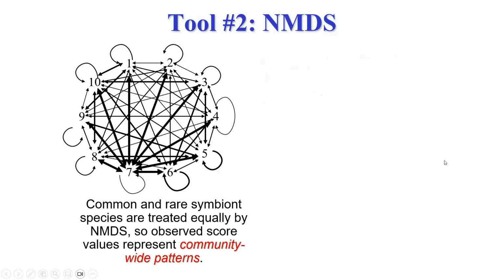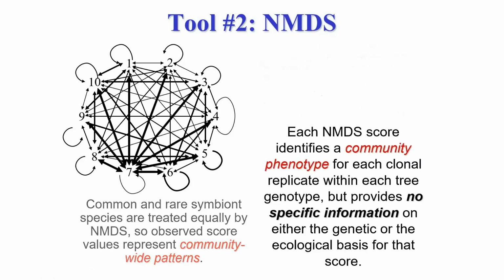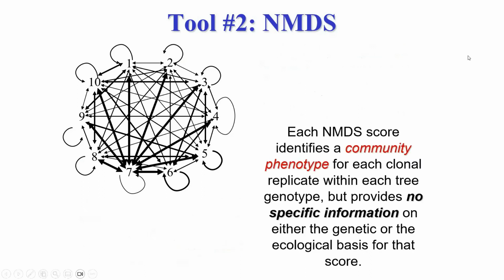Using this approach, common and rare symbiont species are treated equally by NMDS, and so the observed score values really do represent community-wide patterns. For the purposes of this experiment, each NMDS score identifies a community phenotype for each clonal replicate within each tree genotype. But, like a quantitative trait, it provides no specific information on the genetic or the ecological basis for that score.